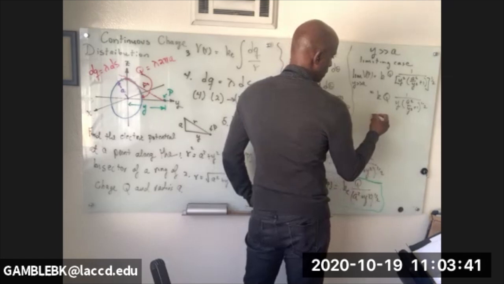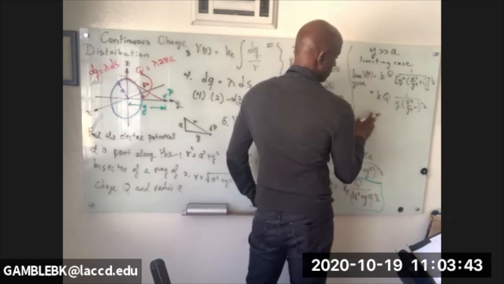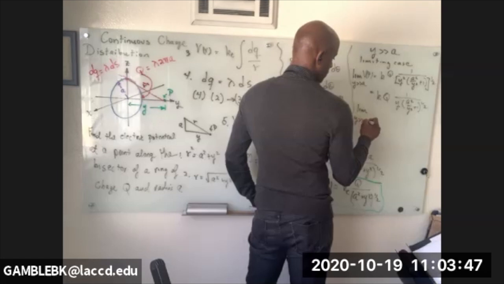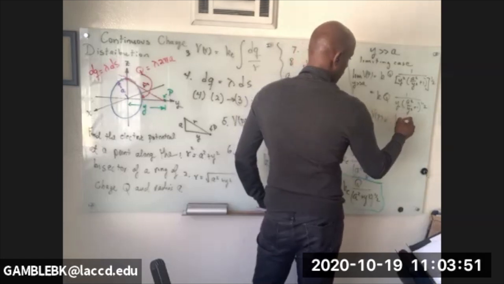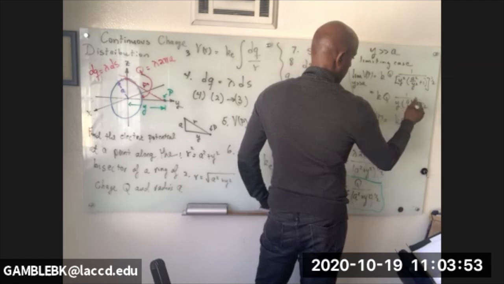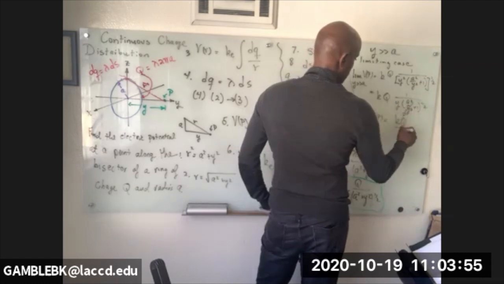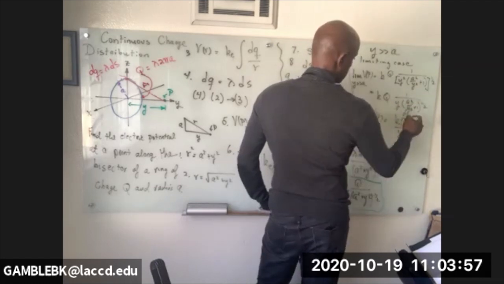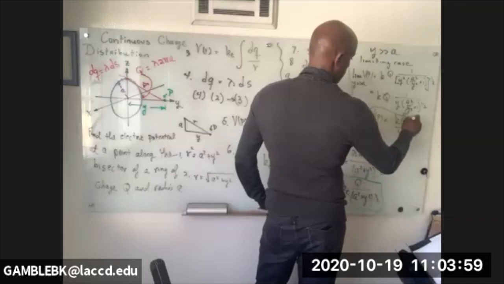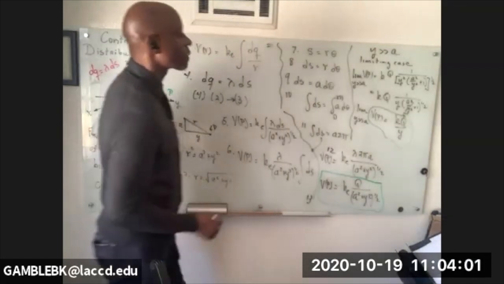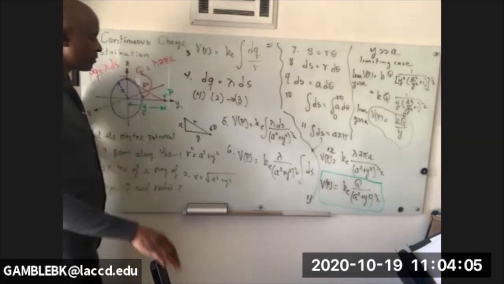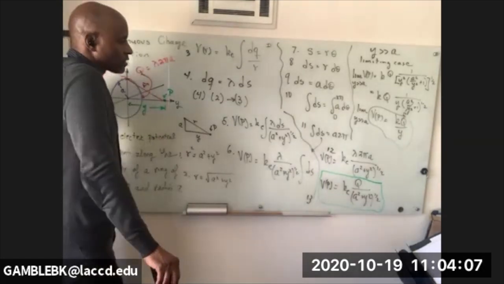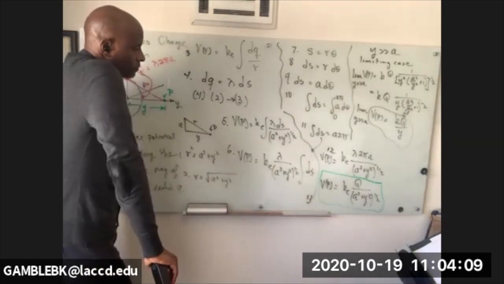So what you'll then end up having is, in the limit as y is much, much larger than a, V of P, we get k, q, and this thing goes to 0, and then you just have over y. So it starts to look like the potential that we just calculated for the point charge.